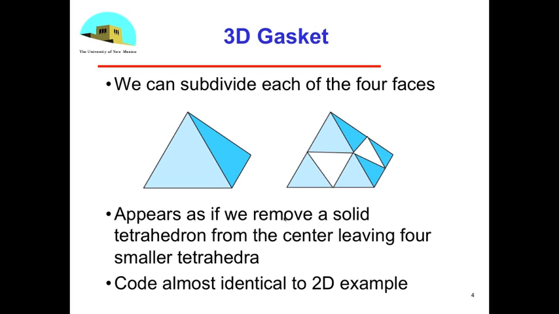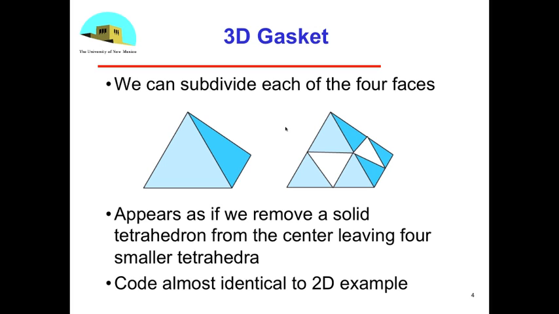Now the code is almost exactly the same as it was in 2D. We'll consider the recursive form. Instead of dividing a triangle, we divide a tetrahedron, and each time we divide the tetrahedron, we subdivide it into 4 smaller tetrahedrons, and subdivide those until we get down to the number of subdivisions that we specified.